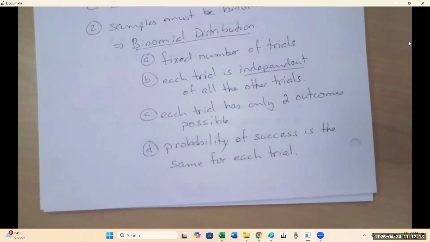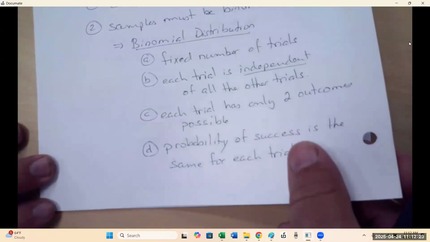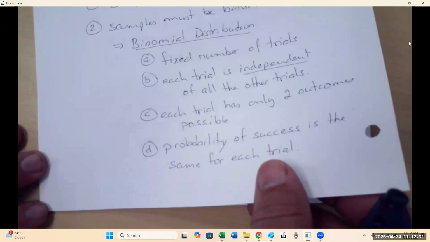Those are the conditions just to be a binomial distribution. And pretty much common sense, really. If it's binomial, then it only has to have two possibilities. That means your outcome is going to be two. And they have to be independent, because if one affects the other, then you can't determine what's going to happen in the future.